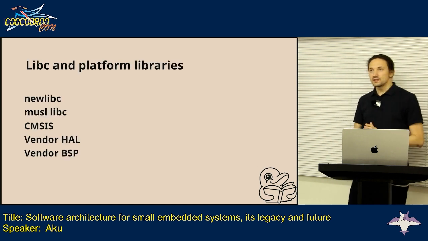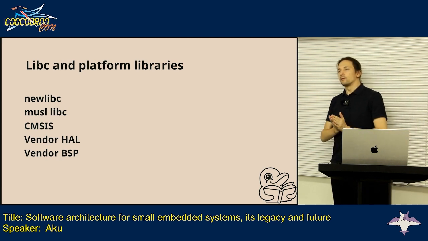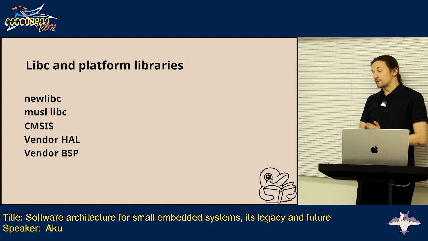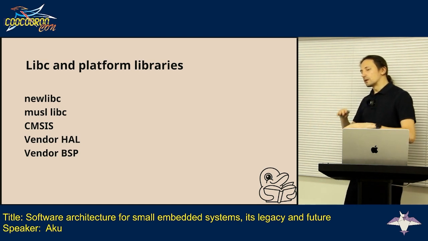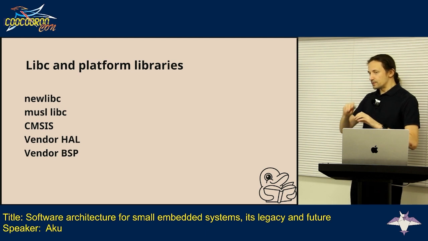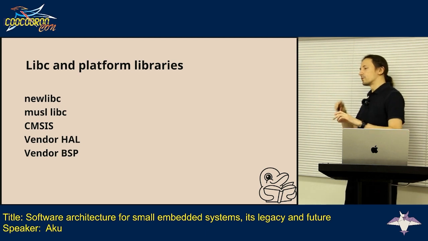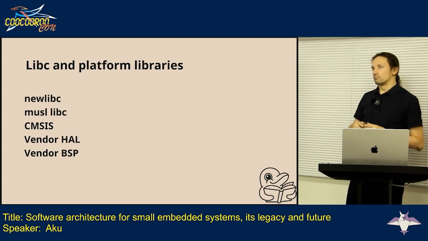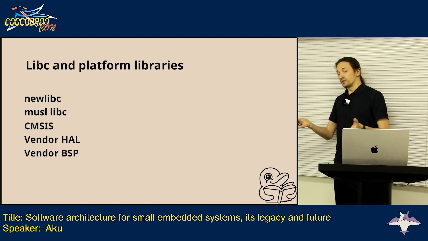So CMSIS is basically a collection of different layers, starting with the CPU itself. Basically, it's a set of headers that explains what exactly you have in your CPU, what kind of commands you can use, and it kind of wraps it into human readable form.